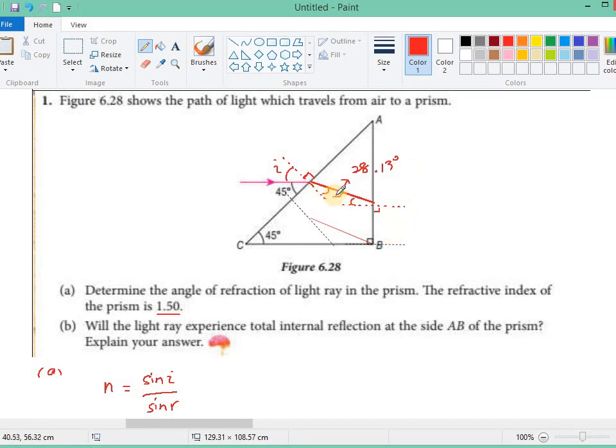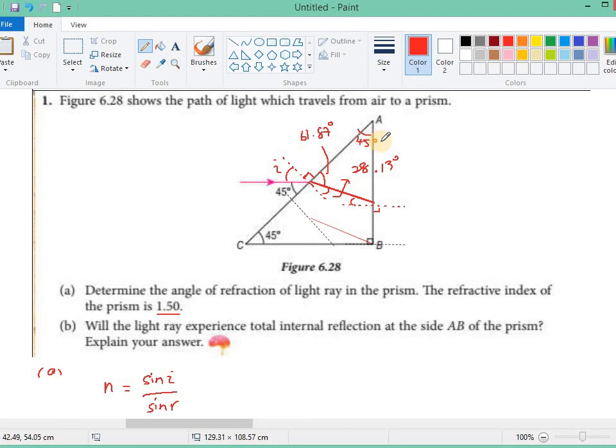If this is 28.13, then since it is 90 degrees, this angle here is 61.87 degrees. This one is 45, 90, so here is also 45.